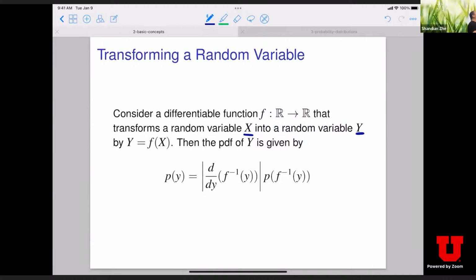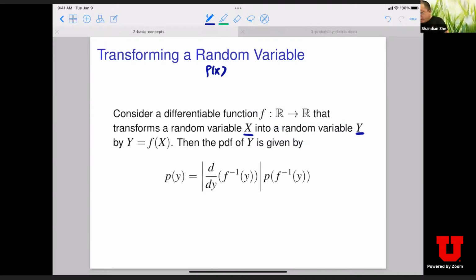If they're not the same dimension, we cannot use this transformation formula. So if x is a 3-dimensional vector, then y must be a 3-dimensional vector as well. Naturally, suppose we know the density of x is p of x, and we want to know the density for y.